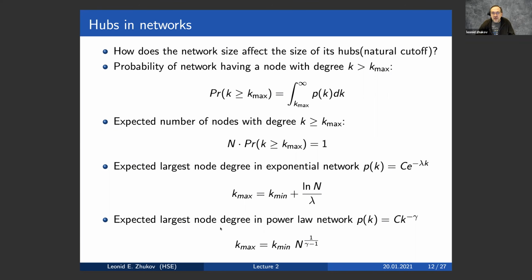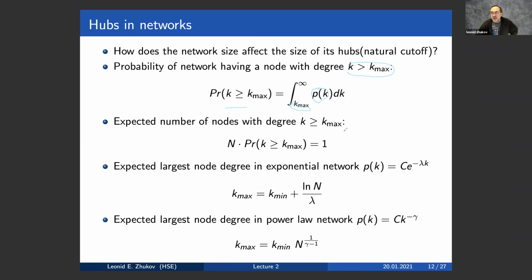The easy way to do this is to think about probability. The probability of having a node of degree greater than some maximum node degree is equal to the integral of the probability distribution from that node degree to infinity.